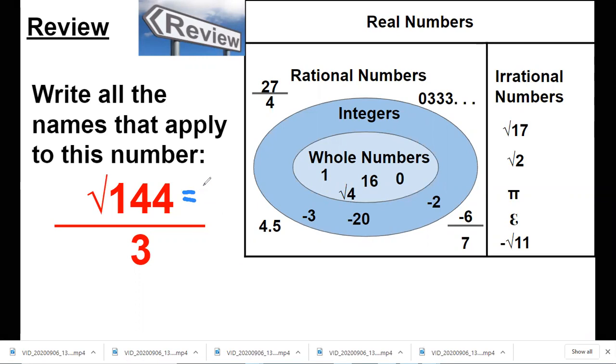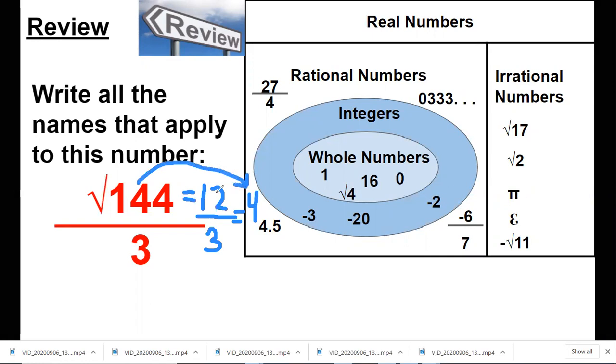So 12 times 12 gives 144. And then on the bottom, I have a 3 yet. Now I can say, well, what's 12 divided by 3? It's 4, isn't it? So I rewrote the square root of 144 over 3 as the number 4.